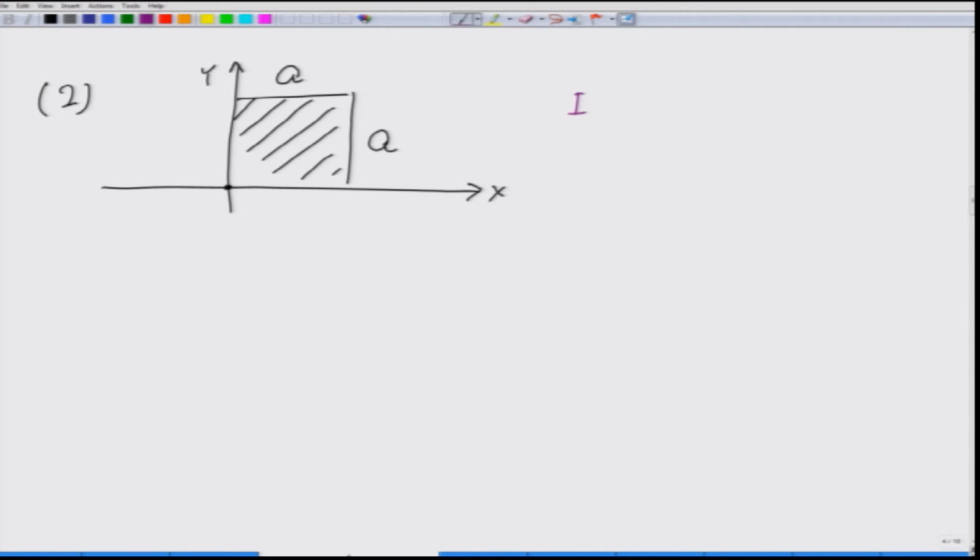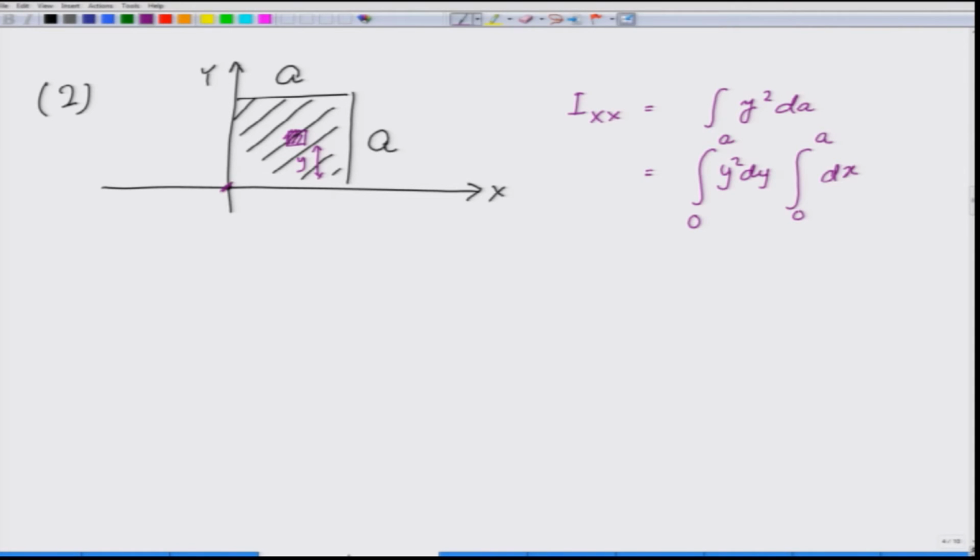So again Ixx is equal to the integral of y square dA. dA is this small area and this is the distance y. So in this case this will become y square dy, y varies from 0 to a, and dx varies from 0 to a.